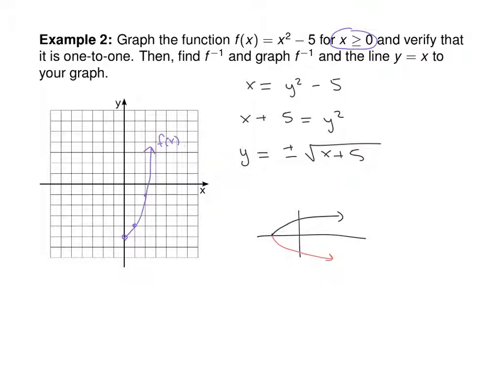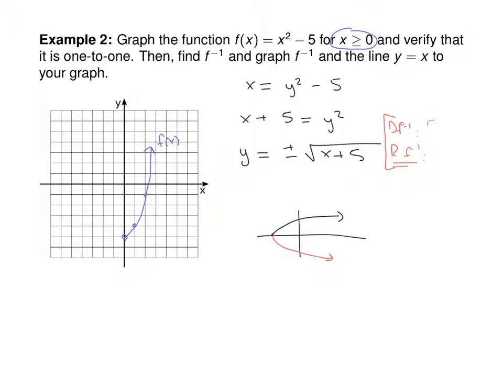You need your f inverse to have what range? So the domain of f inverse is going to be, let's find out. The domain of f inverse is the range of your f, right? So y has to be greater than 0. Exactly, yep.